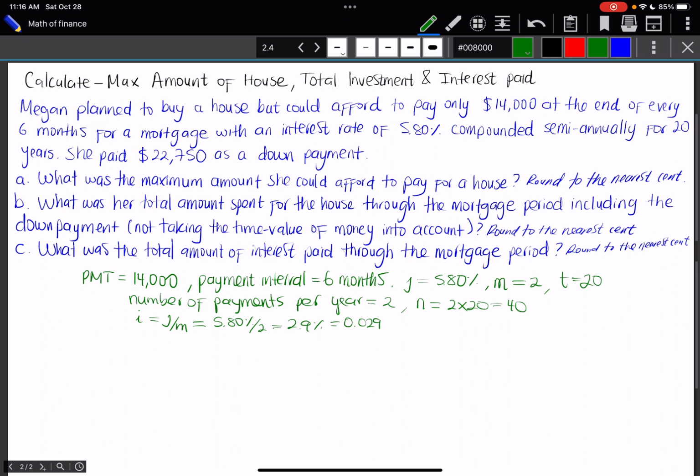With all variables in mind, we can move on to talk about the type of annuity we're working with. Because payments are made at the end of each payment period, this annuity is ordinary. So we have an ordinary annuity.